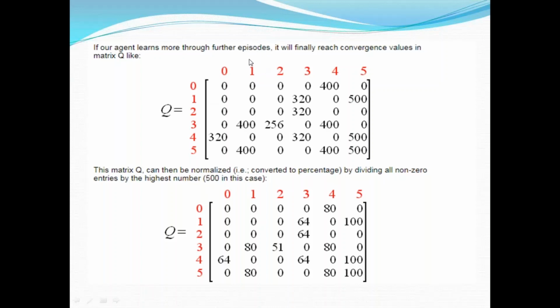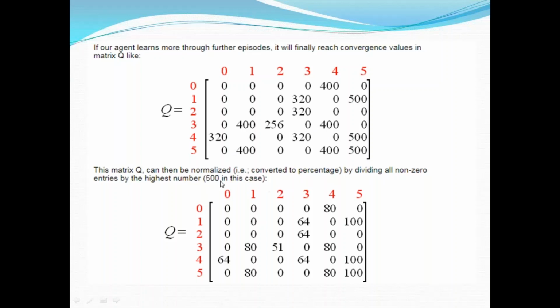When you reach a final state, it is known as one episode. If you are taking random initial states and going to the final state, you will get this final matrix. Now you have done it for 1 and 3. Now you can do it for other states. Such actions are performed.